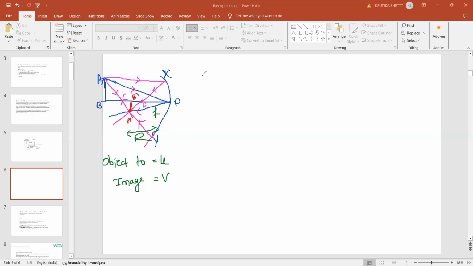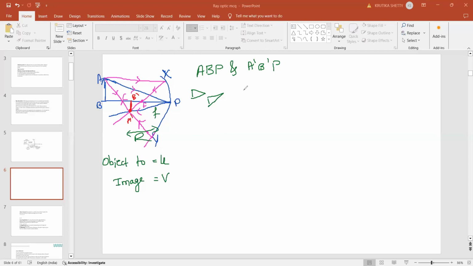From the similar triangle properties, if I consider the triangles ABP and A dash B dash P, you can see triangle ABP with respect to the object, and A dash B dash P with respect to the image. These are the two triangles which you can see here. One is seen like this, another is seen below. So these two are similar triangles.